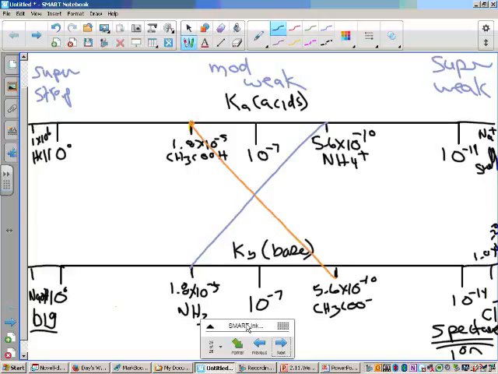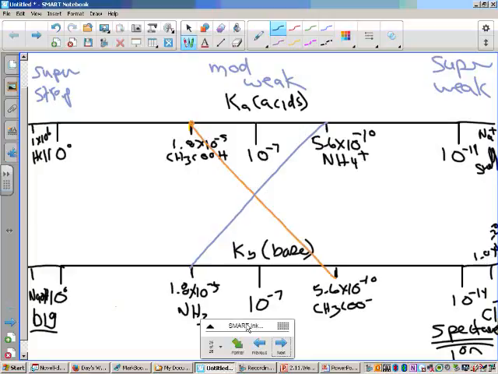So Na plus, I want you now to think of Na plus as if it came from NaOH, which is a super strong base. That automatically makes Na a super weak conjugate acid. And if it's super weak, what do we call it? It's not doing anything. It's not playing the game.